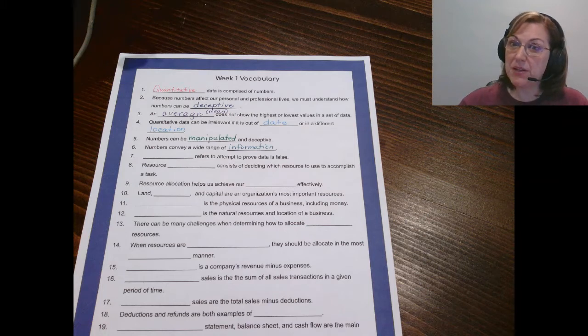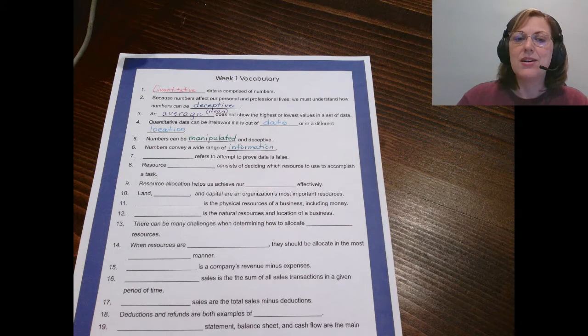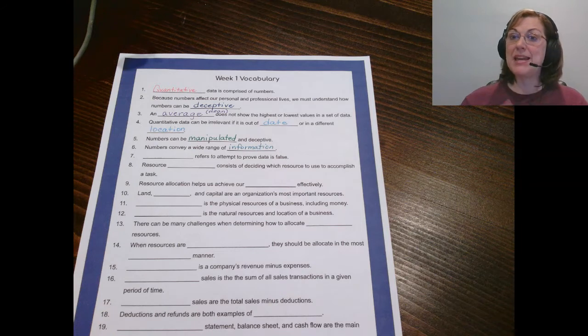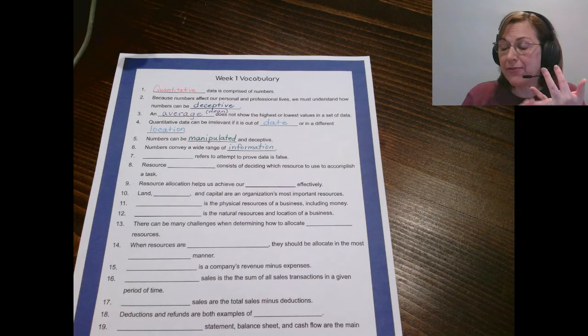So we have to be aware, and we want to know how to interpret and analyze that numeric quantitative data so that we can get the information that we need from it. And we've talked a little bit about making sure that the information is presented in a way that we can understand. Sometimes that comes in a chart, and sometimes it comes in a graph.